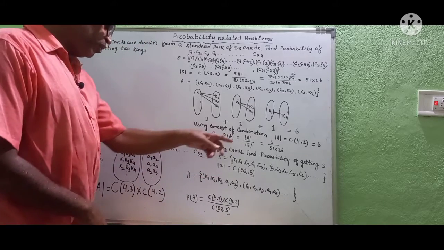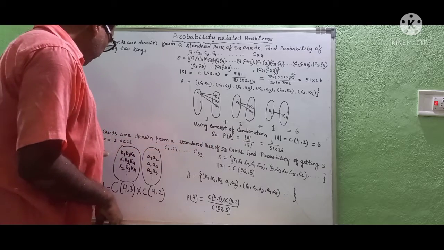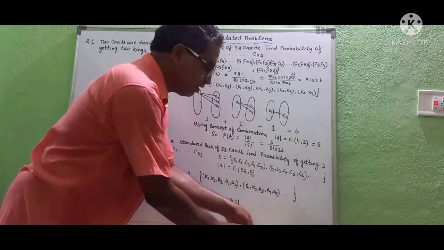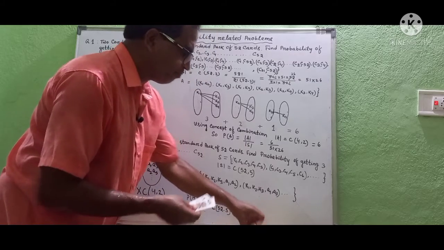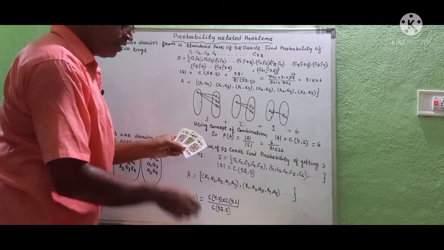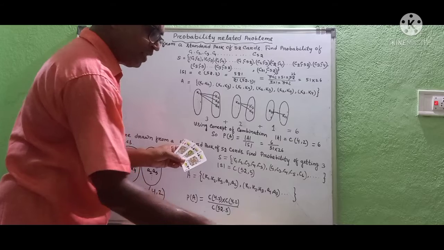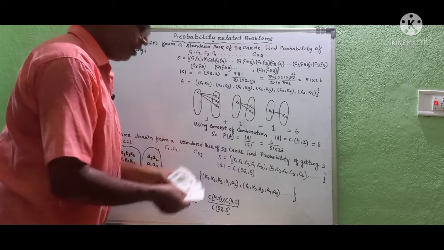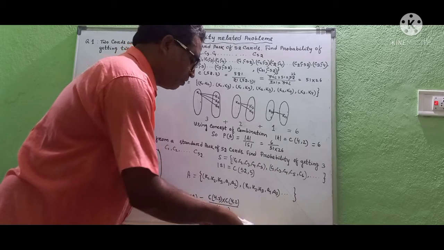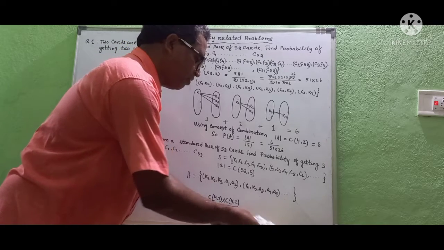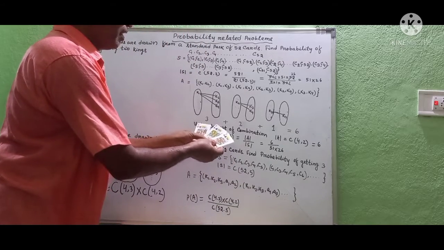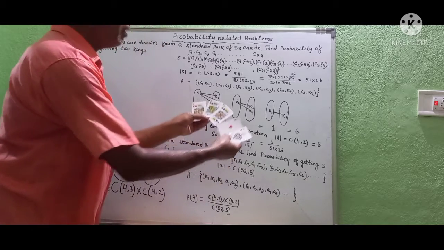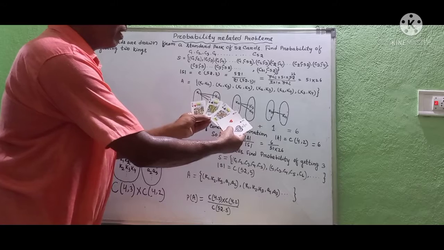So you will have to choose what? 3 kings and 2 aces. Here it is also a group, right? Taking 3 kings here, this is also a group.